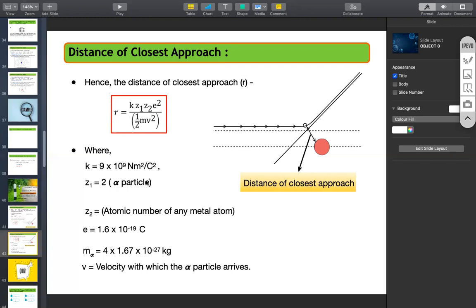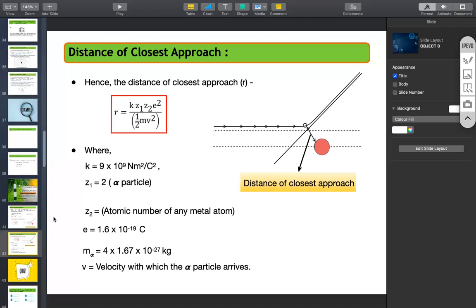Don't ask that now; later in physics you will learn it. As of now, just learn it. K is a constant, and it will come in next year's physics chapter, electrostatics.